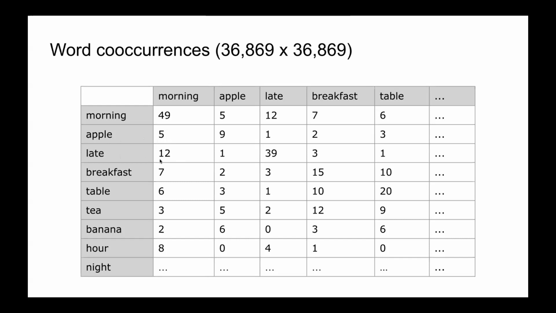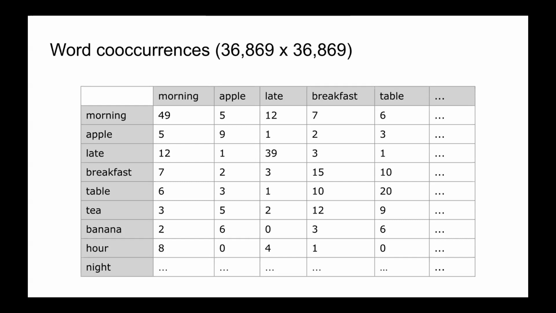Late and morning 12 times. Table and late only once. Banana and breakfast 3 times, and so on and so on, right? So it's not you, the computer does it for you. The computer records all the co-occurrences between those adjacent words, right? And the problem is that this is quite a big thing, but we are already there.